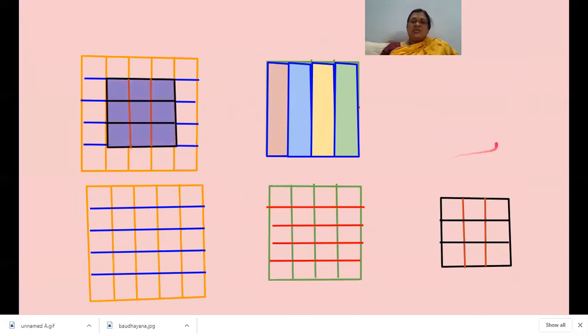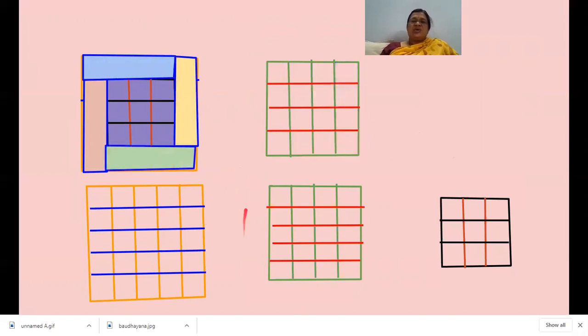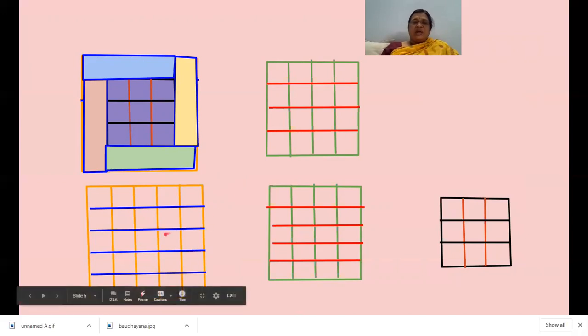Here there are 3 by 3 squares, and when I move all these and adjust them on this big square, it is sufficient. No other projections are seen. So by this you can say that the square on the hypotenuse is equal to the sum of the squares of the other two sides.